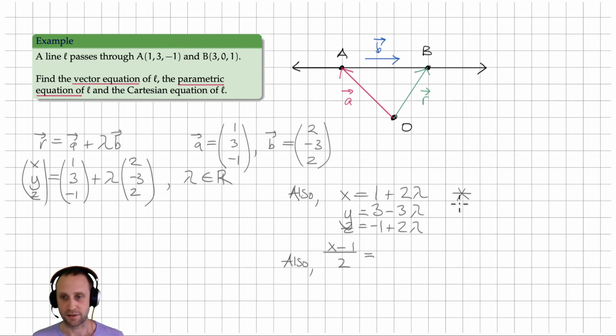So that's going to be y minus 3 divided by minus 3. And then lastly, it's going to be z plus 1 divided by 2. So there are our Cartesian equations of the line L. Three different ways of looking at the same geometric object.